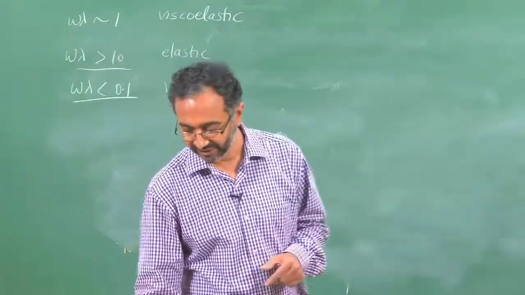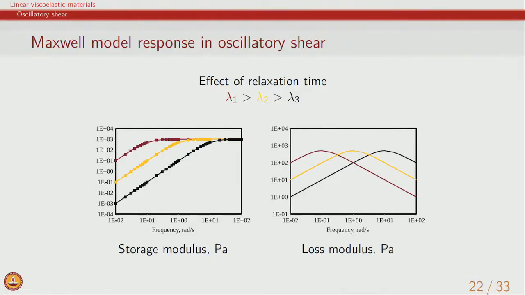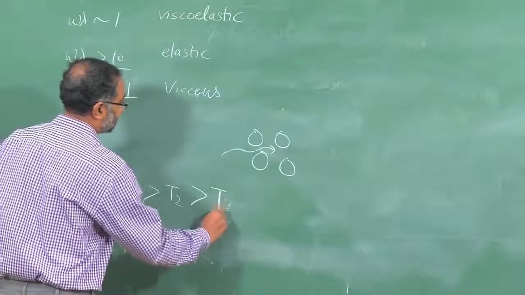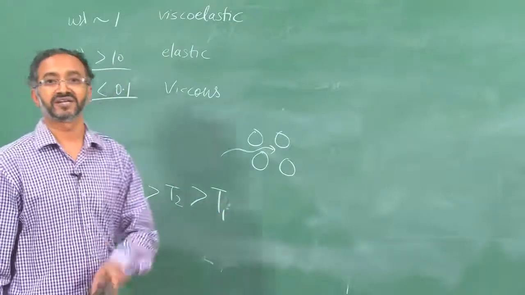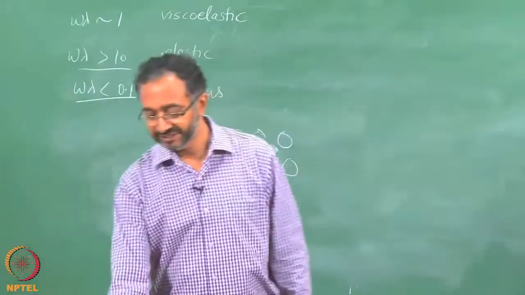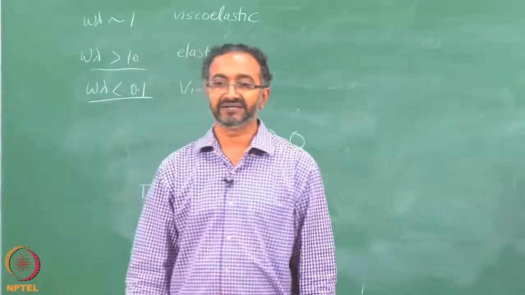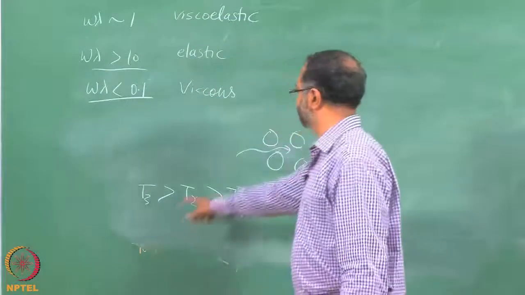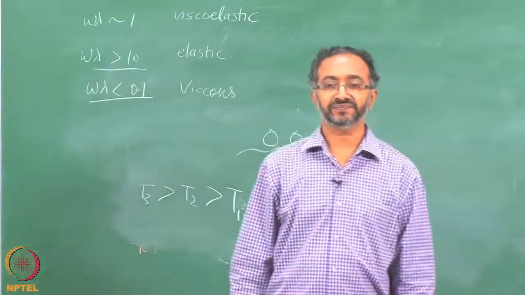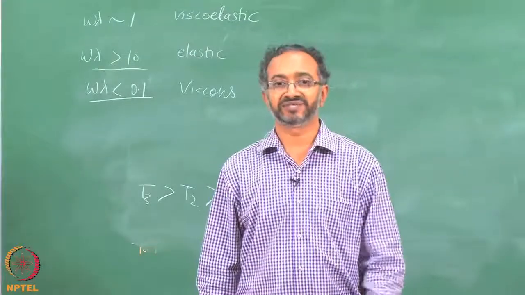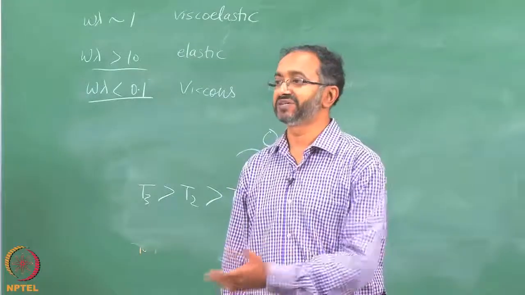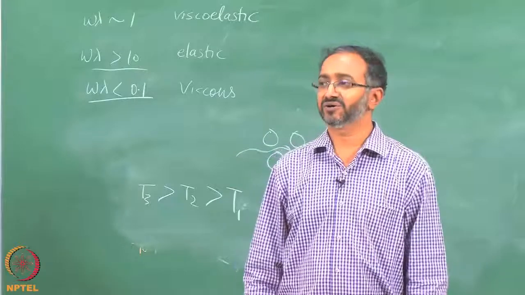So therefore in this graph we would be able to say that T3 is greater than T2 greater than T1 if it is the same material at 3 different temperatures, right. So if I take a material like a gel or a polymer melt or a colloidal dispersion, by changing temperature I could see the response, which I could also see by changing frequency. So there is some correspondence between time, temperature, frequency. Okay, with that thought we will stop now.